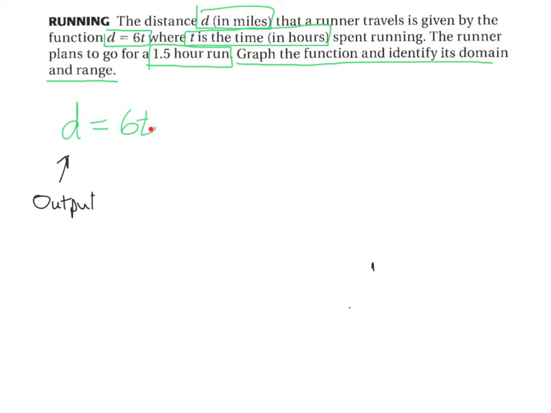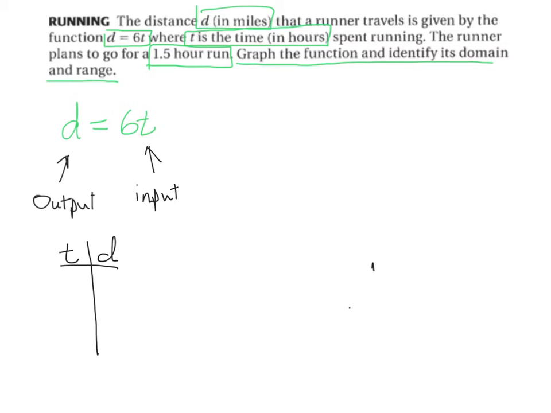The amount of time will determine the distance. So we will think of t as the input. If I want to graph this function, I need to create a table. I can have t as my input and d as my output. The amount of time will tell us how much distance the runner covered.